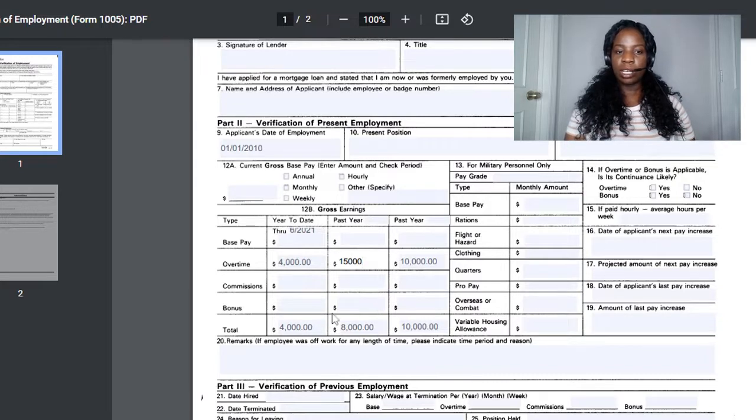So think of it in the form of a verification of employment. Of course, if you are a lender and you're reviewing this person's income and you see that it's declining, that's going to raise a red flag, because you're like, are they going to be able to pay me back?